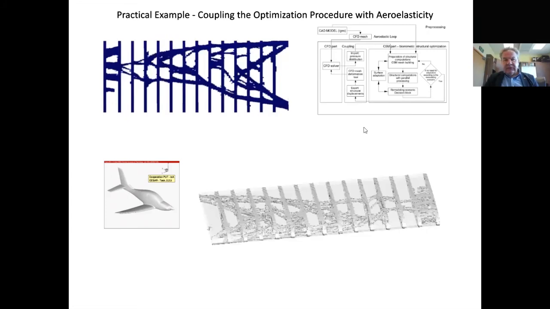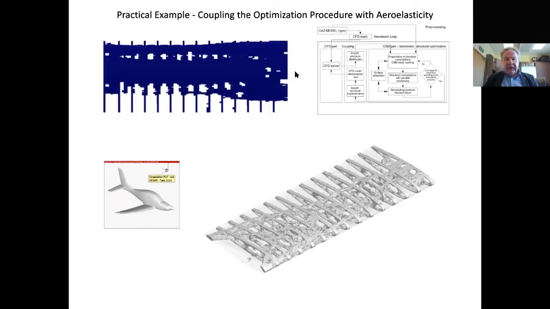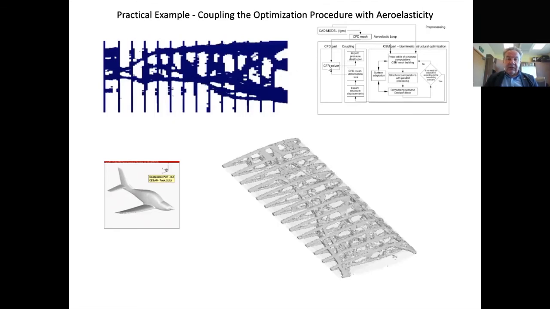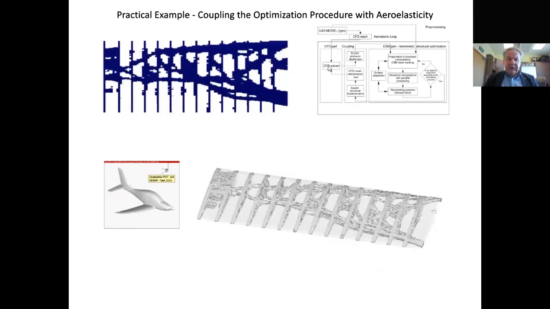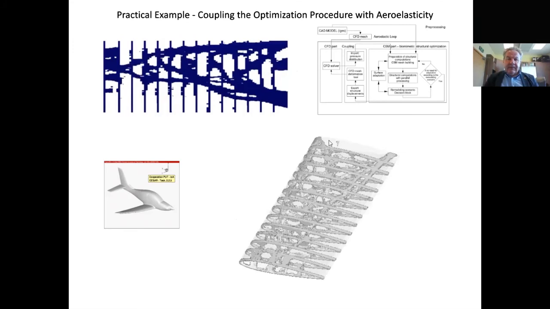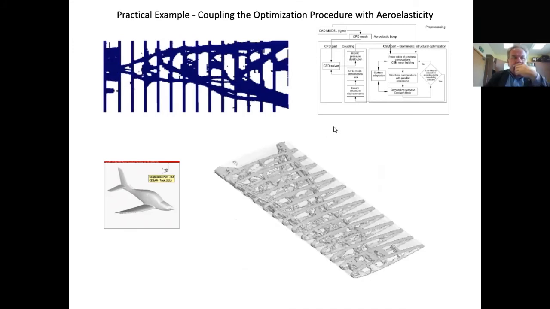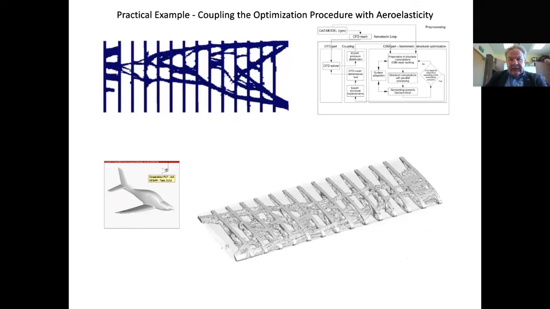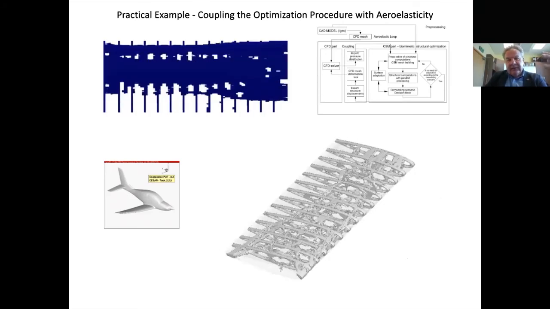So we have here three elements. One is the CFD solver, another is the CSM solver, and the third part is the optimizer based on this biomimetic approach. What is important in aeroelasticity is that every step is a different load case.